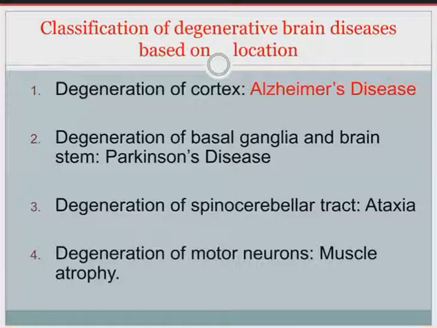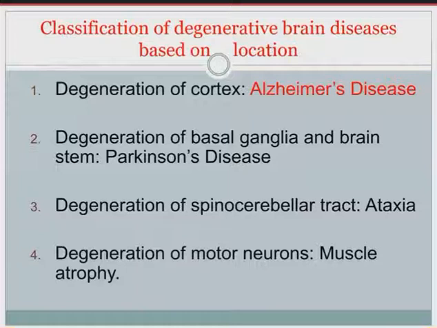Degeneration of motor neurons results in muscle atrophy. So this is the classification based on location: cortex, Alzheimer's disease; basal ganglia and brainstem, Parkinson's disease; spinocerebellar degeneration, ataxia; and motor neurons.